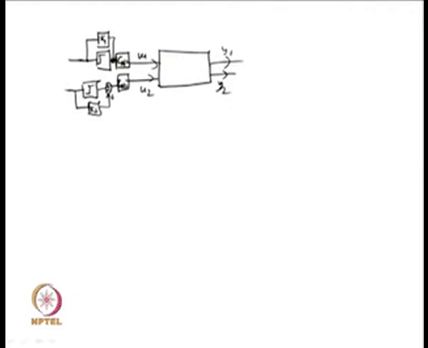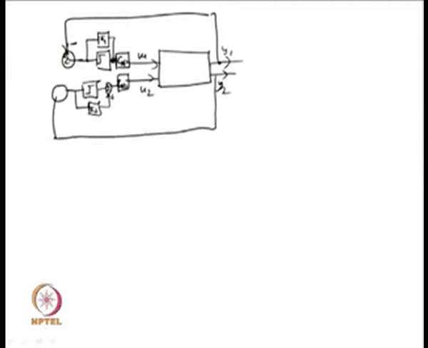These modified relays can be put in closed loop with negative feedback, with of course the set values R1 and R2.